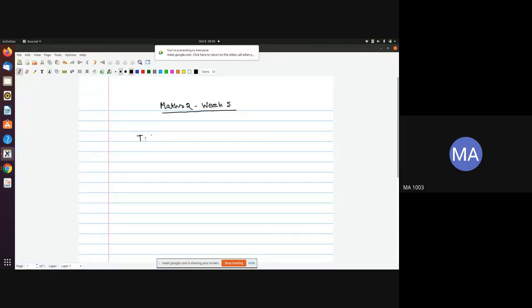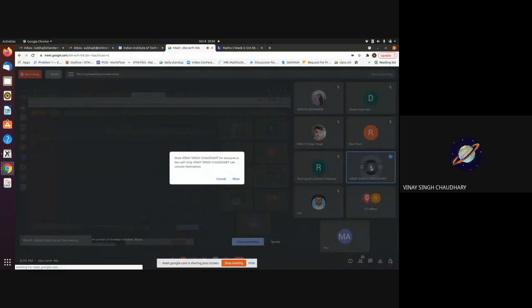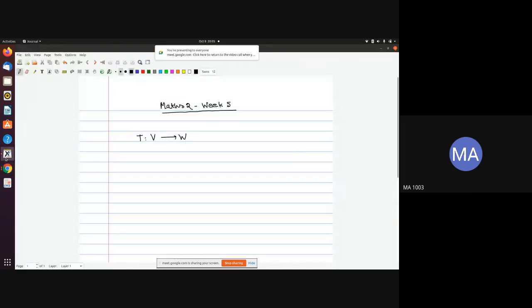So if I take this as my map T, which is a map from V to W, where V and W both are vector spaces. A vector space means it has addition and it has the scalar multiplication property.